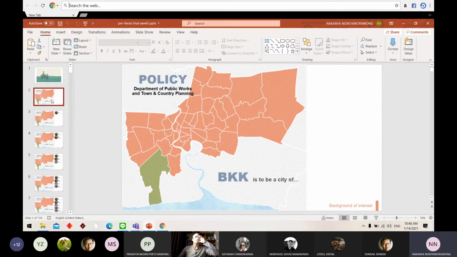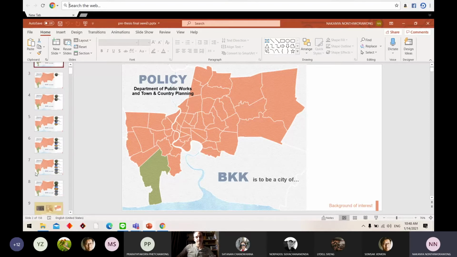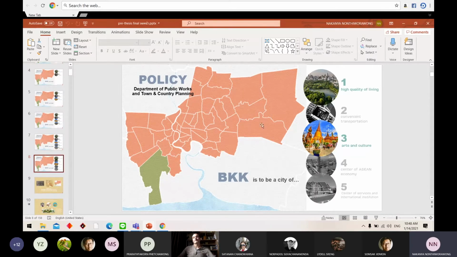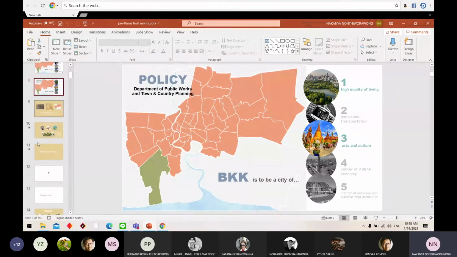The very initial idea starts from the policy of the Bangkok government that Bangkok is going to be the city of art and culture. Actually, there are 5 categories of them, but the policy that leads Bangkok to write the plan of local museums is that Bangkok is to be the city of high quality of living and arts and culture.